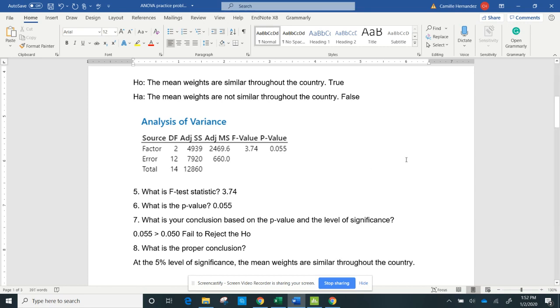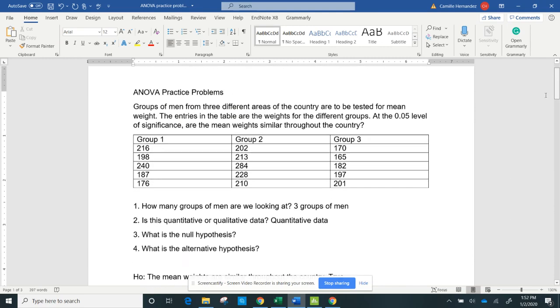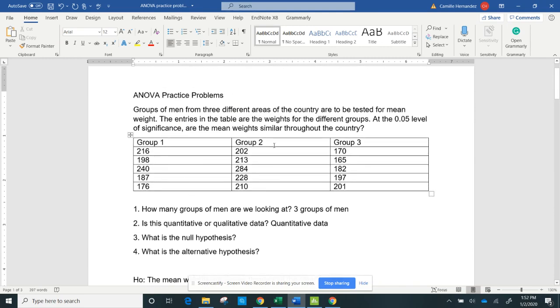Okay, so what does that mean when I go look at my data? It means that group 1's mean weight, group 2 and group 3 are very similar, so I can't say there's any difference in them because they're very similar.